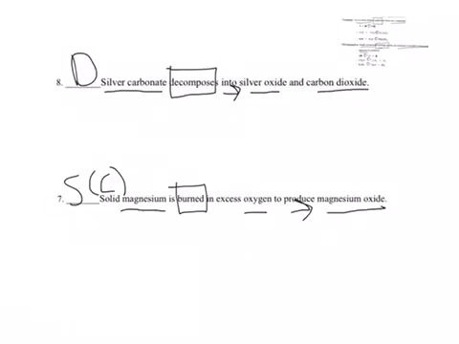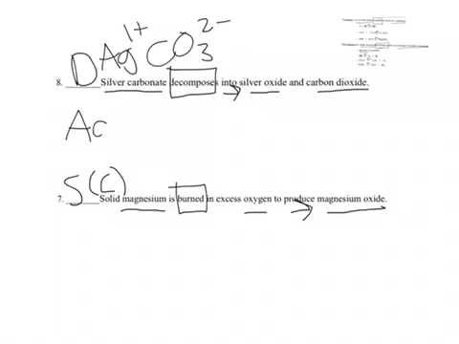Now that we know what type of reaction it is, we need to write it out and balance it. So silver carbonate is an ionic compound, so we need to take a look at the charges. Ag is +1, carbonate is 2-. So it becomes Ag2CO3.